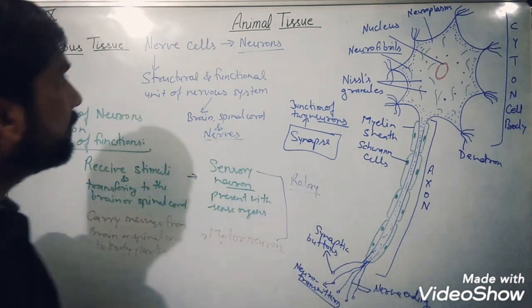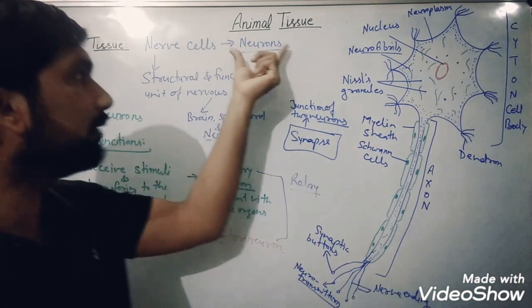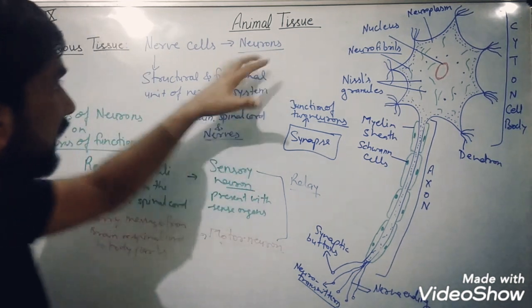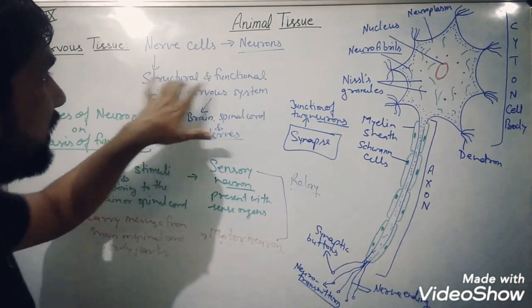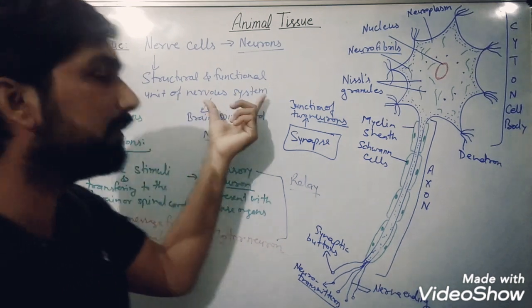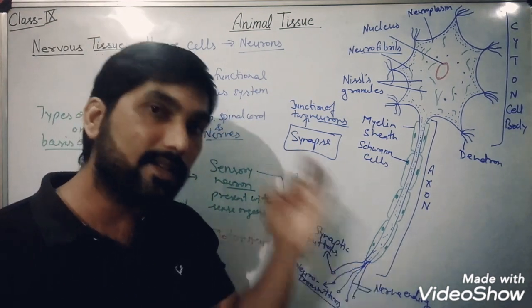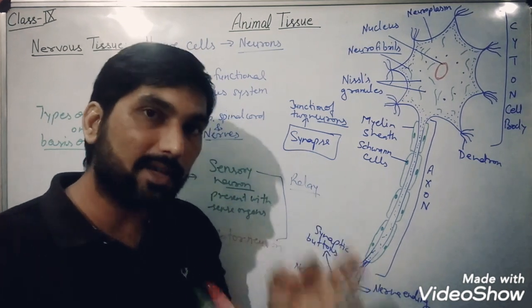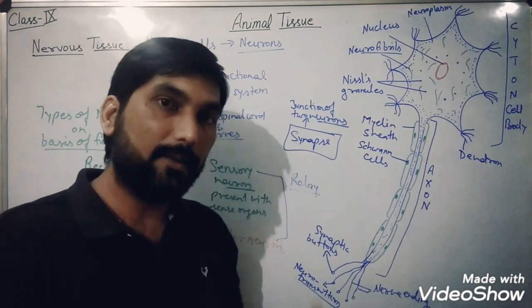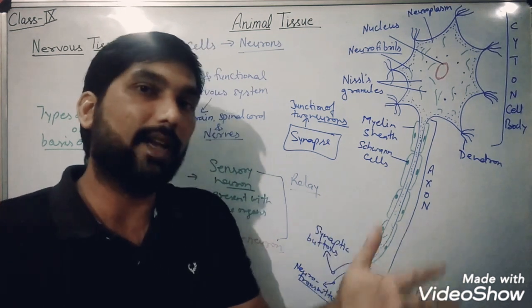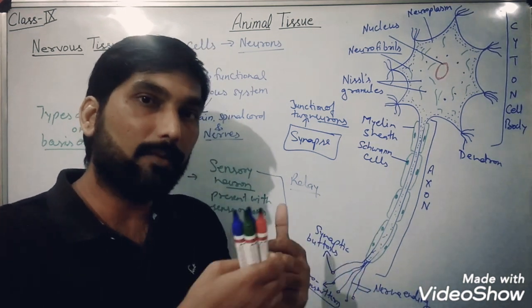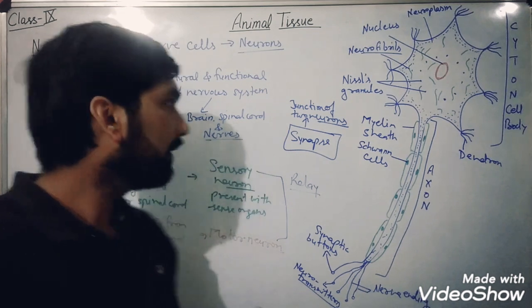Nervous tissue is made up of nerve cells, also called neurons. These neurons are the structural and functional unit of the nervous system, and these are the longest cells in our body, a few reaching up to about 1.5 feet.